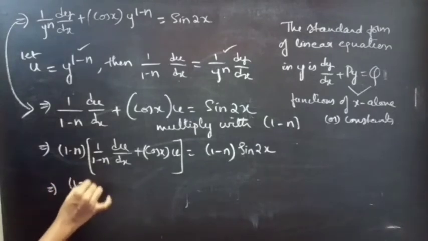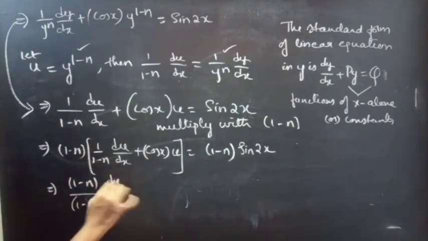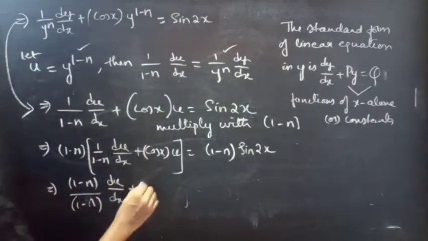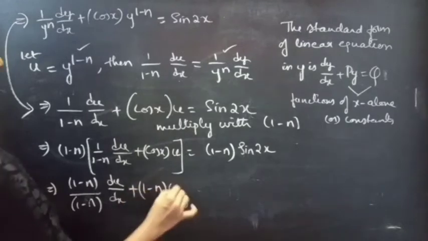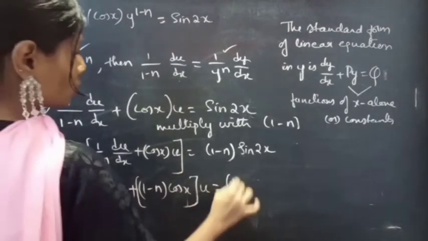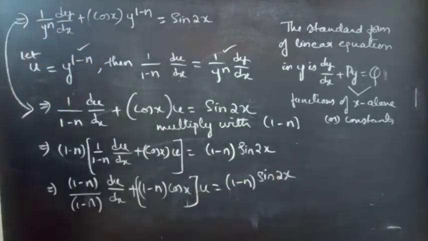Then 1 minus n by 1 minus n into du by dx plus 1 minus n into cos x into u equals 1 minus n into sine 2x. So 1 minus n gets cancelled from the first term.